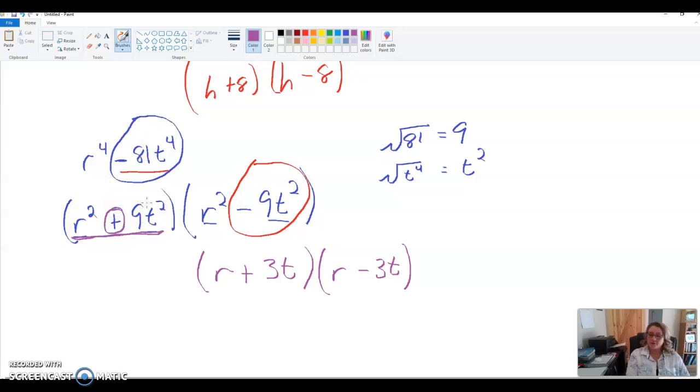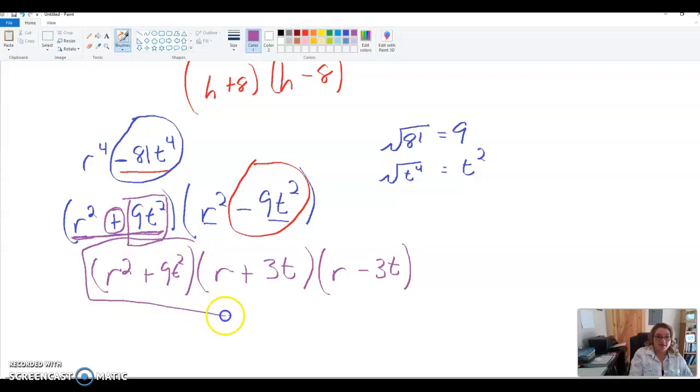We only have two ways that we can get a positive square, right? The only way we can get this term to be positive is if we either multiply a negative times a negative or positive times a positive. And because that would have the same sign, it would give us a third term that would show up in the middle. So therefore, we cannot factor this any further. So we have r squared plus 9t squared, and this is our complete answer for this special trinomial.